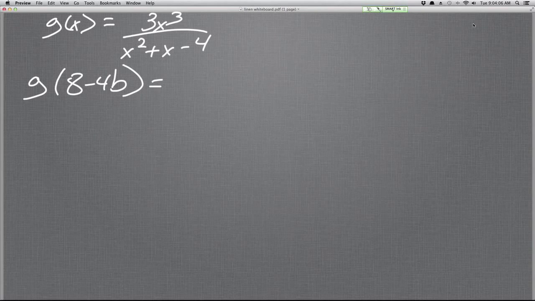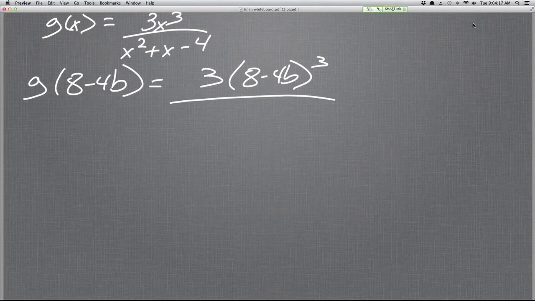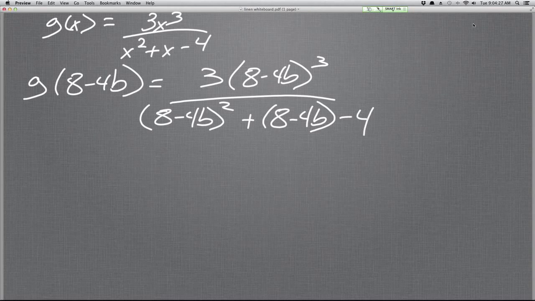What's the numerator going to be? 3 times 8 minus 4b cubed. On the bottom, it's going to be 8 minus 4b squared plus 8 minus 4b minus 4.